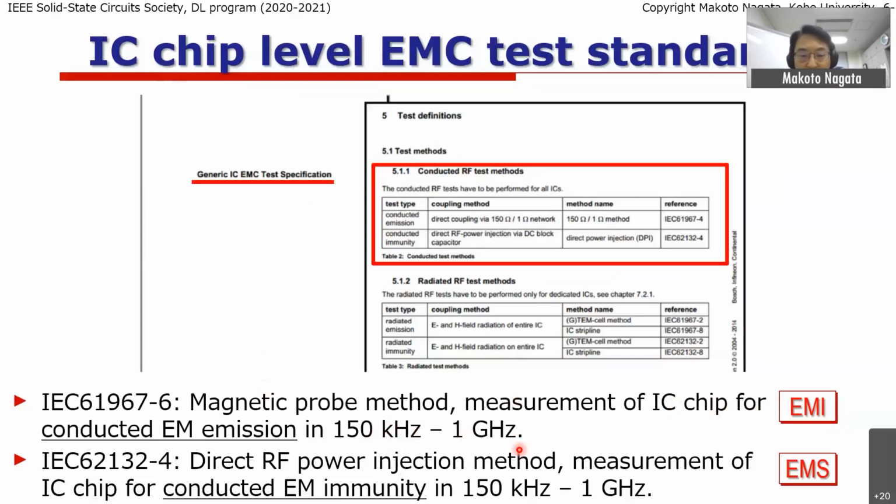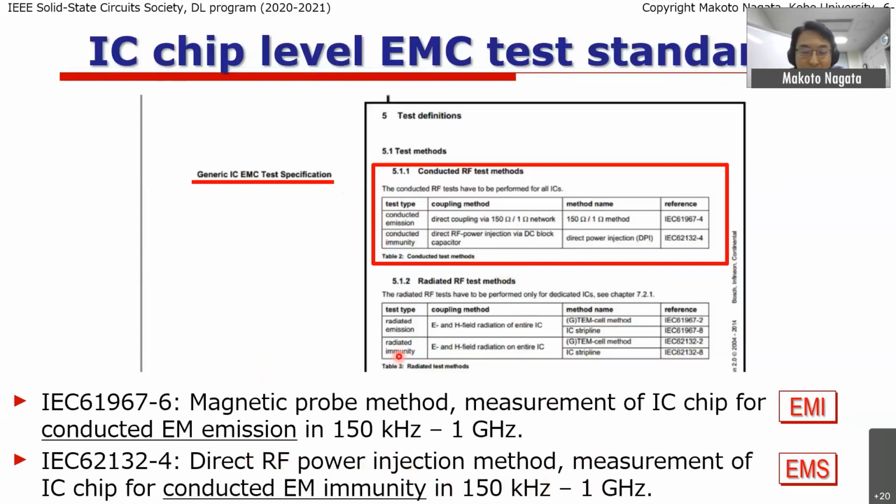On the other hand, we have the direct RF power injection method, sometimes called RF-DPI, for measuring IC chip immunity against electromagnetic waves injected into the device in the same frequency range. Of course, we have many other types of standardized testing methodologies as listed in the IEC table shown here.